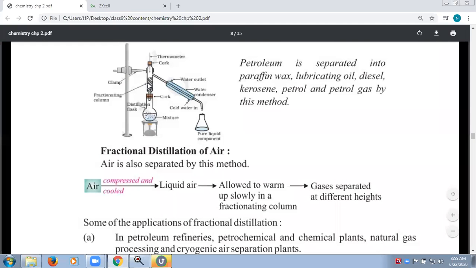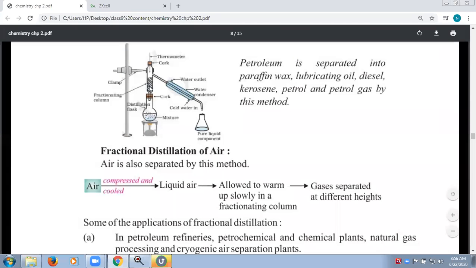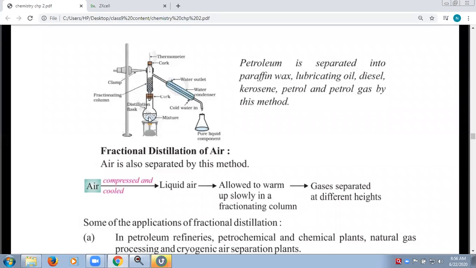Clear? In general, when we have 2 components of a mixture, we follow this method having a fractionating column. Now what happens in this? The mixture is taken in the boiler. The difference in the boiling point is very less, so both the substances get evaporated.